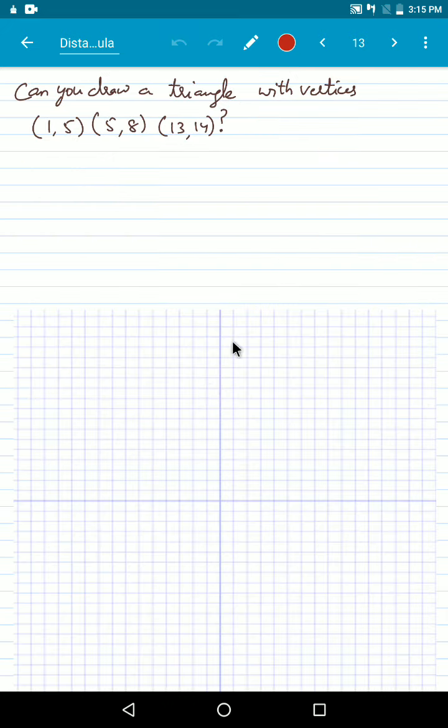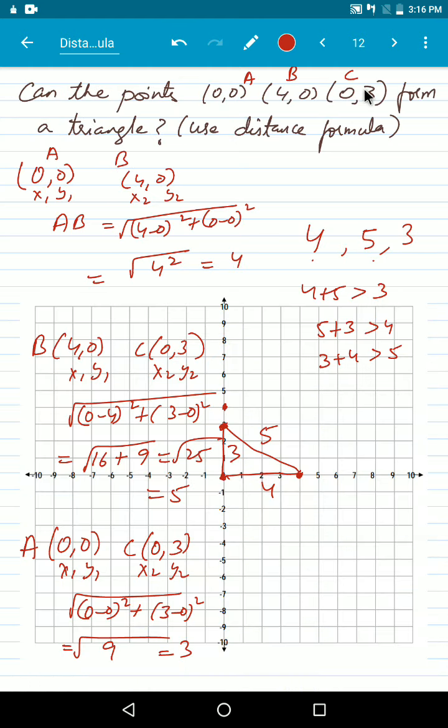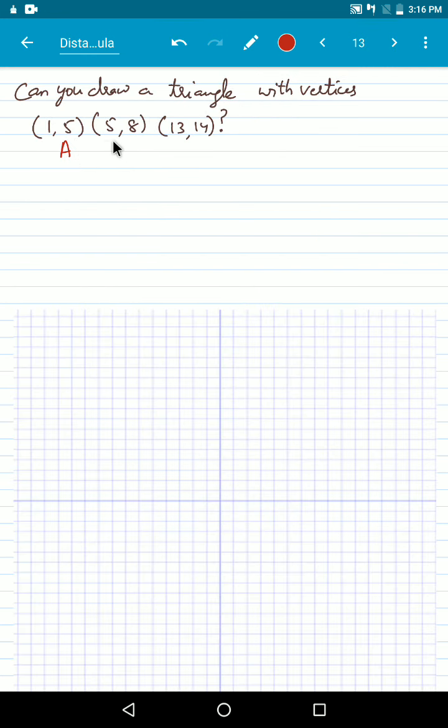Okay. Now, can you draw a triangle with vertices (1, 5), (5, 8), (13, 14)? Exact same concept. Take this as point A, point B and point C. A is (1, 5), B is (5, 8).